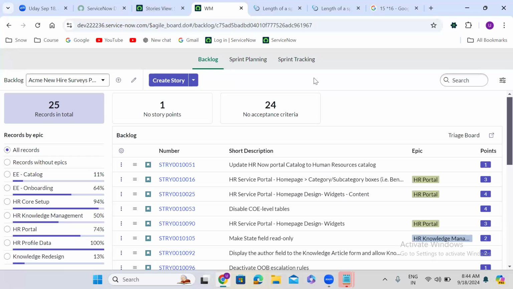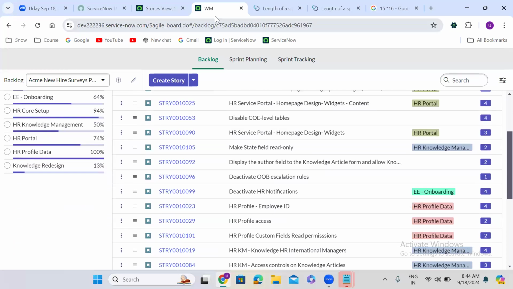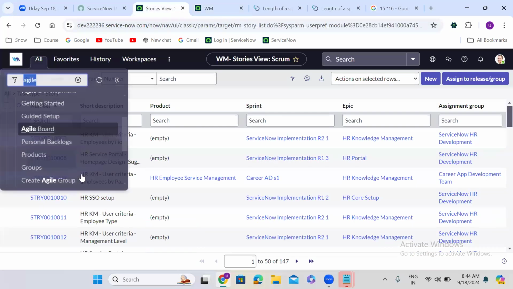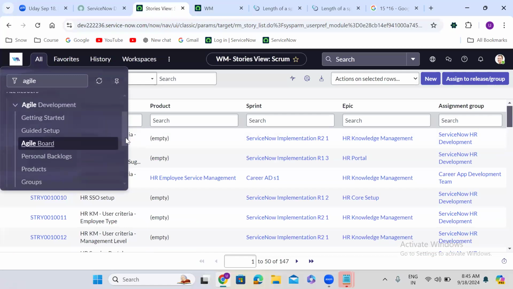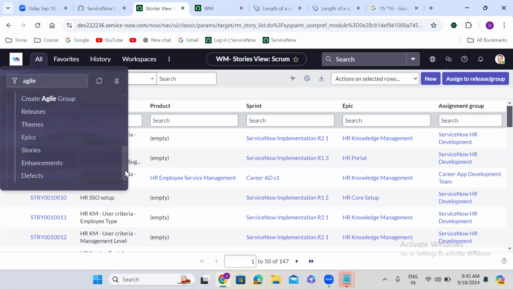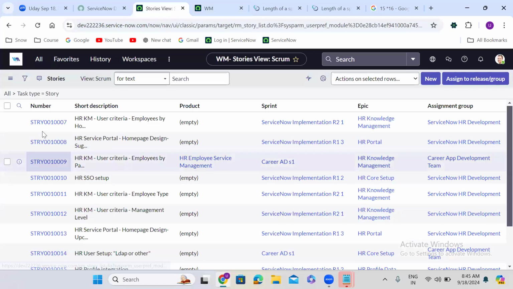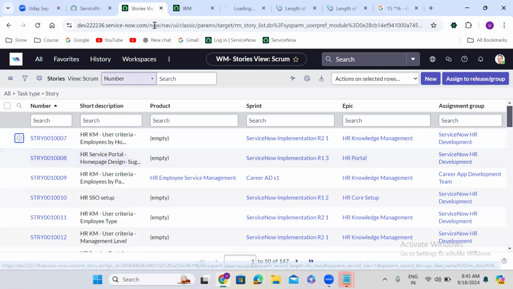Okay. We did not create any sprints. So this is how you will get the requirements, guys.